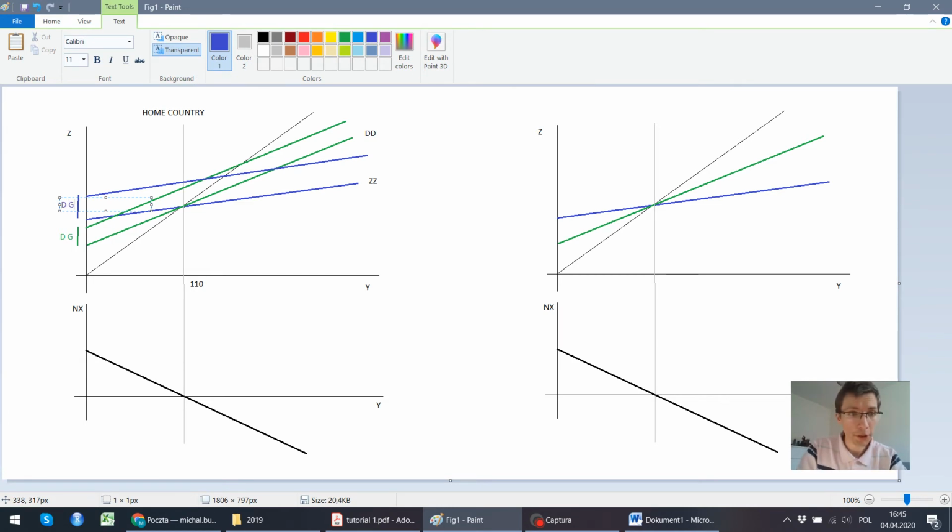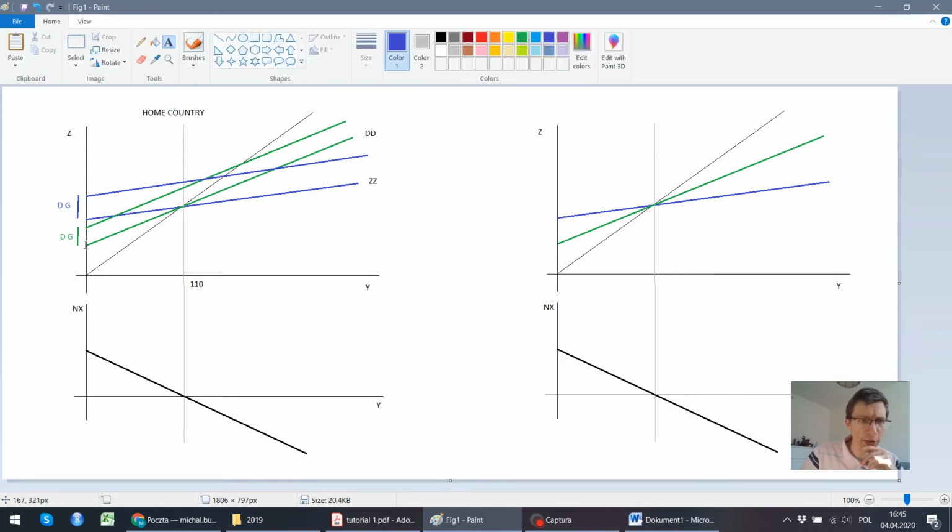So it's not only DG, it's also change in exports. Okay. Is it true? No, it is not true. We still keep exports constant. So it's only DG as well. So the same value as before.